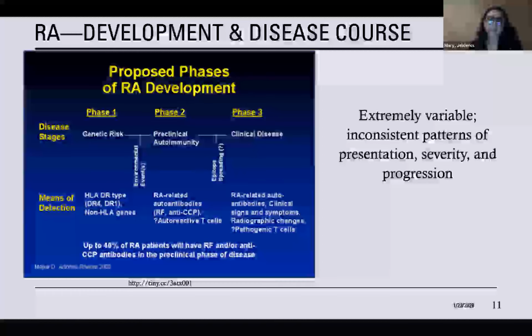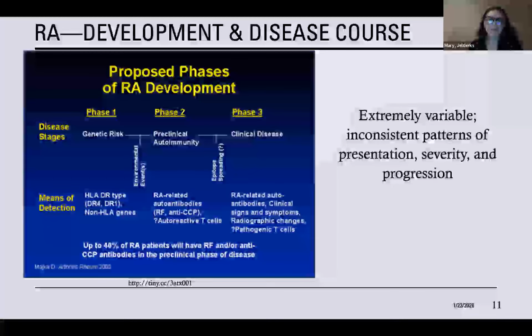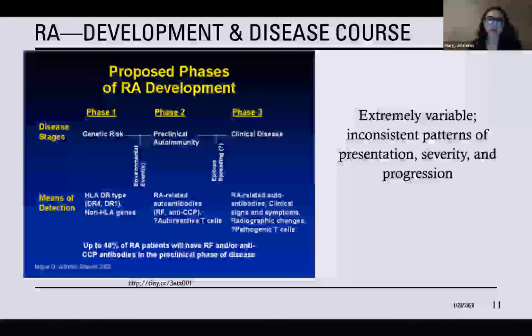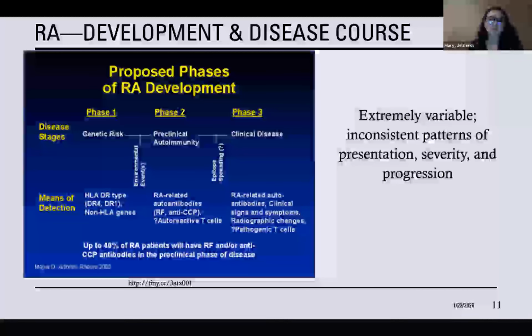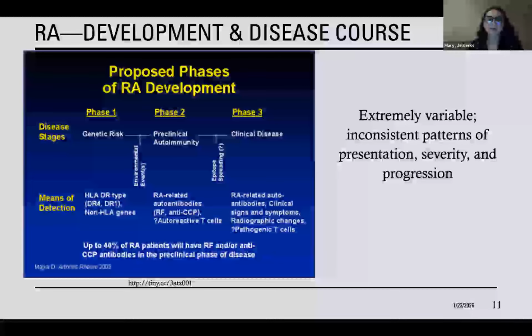There is an extremely variable presentation and pattern of presentation based on severity or progression among patients, but in general, this is a nice schematic way of how to think of the disease.